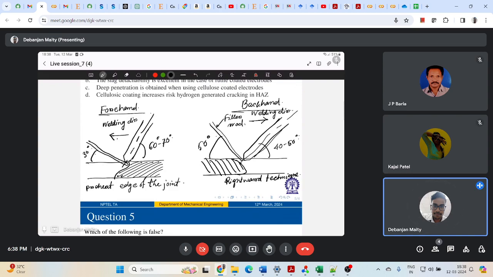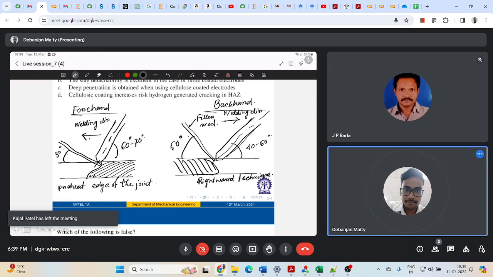There will be some included angle. We have discussed this bevel edge preparation, right? So that the root fusion will be very good whenever you prepare a bevel edge.